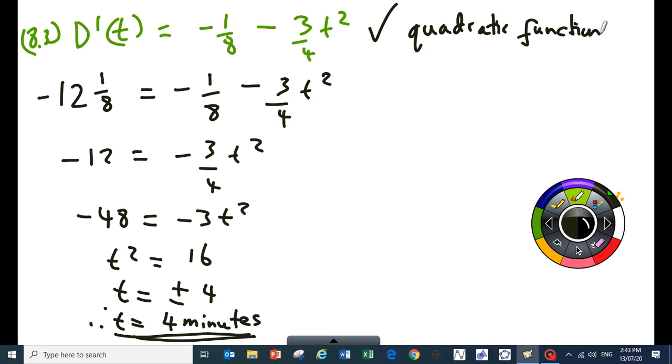The context is very important. For this question here, the question is asking us after how long will the rate be 12 and 1 over 8 milliliters per minute? We need to know at what time that rate is going to be. So it's asking for the time.